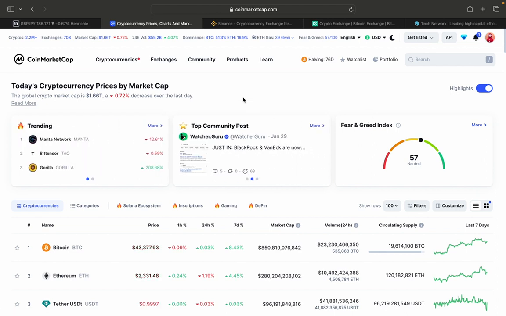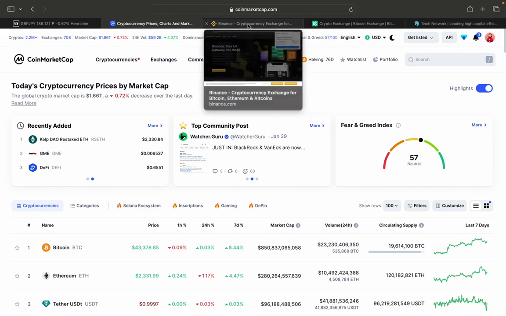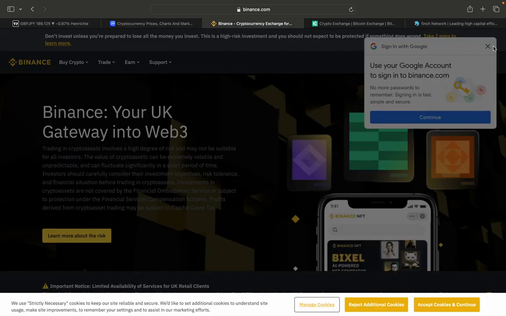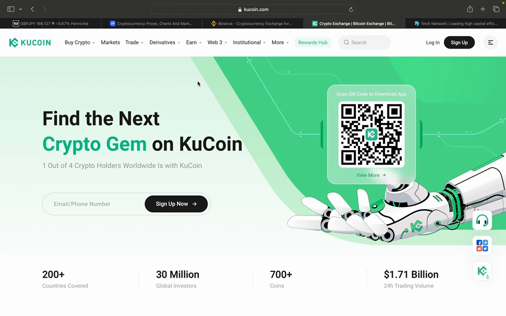So that being said, now we're going to look at the tools that you're going to be using for your trading and investing in cryptocurrency. One of them right here is Binance, as you can see right there. And the next one is KuCoin as well. You can use KuCoin to invest in undervalued low cap coins.